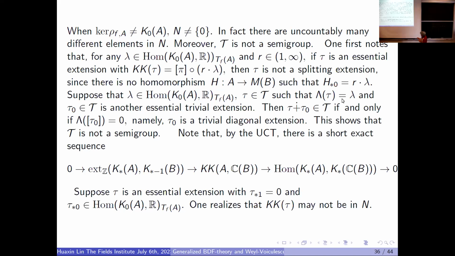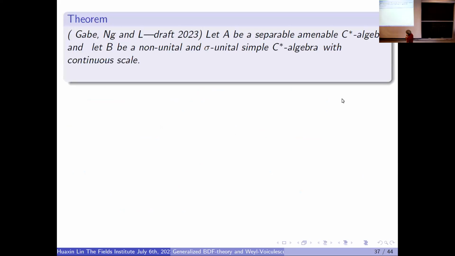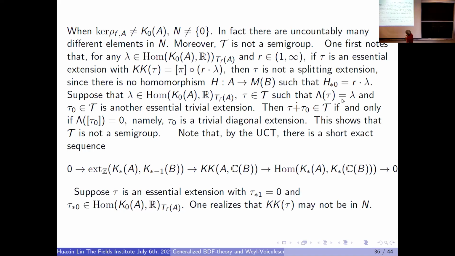And so I'm sure to go back to this. So zero elements are not necessarily corresponding to the trivial extensions. So this is somewhat unexpected though.